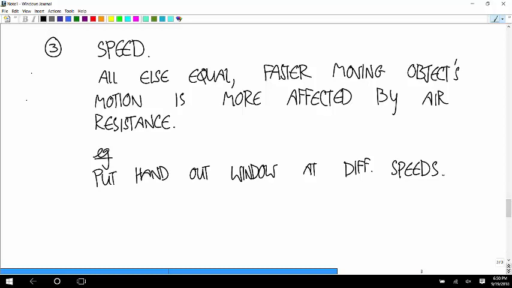Right. So if you just drop two things, the one with a small surface area will hit the ground a lot closer to what it would if there was no air at all.